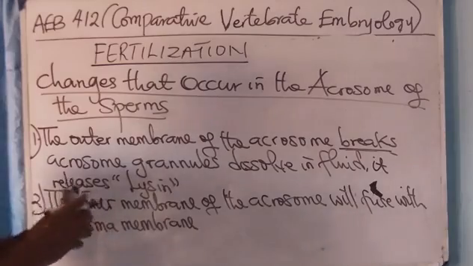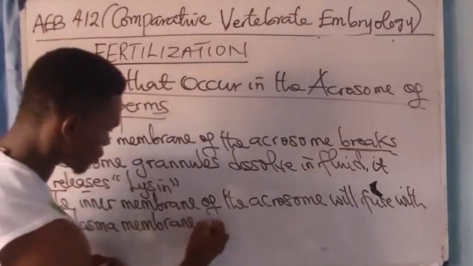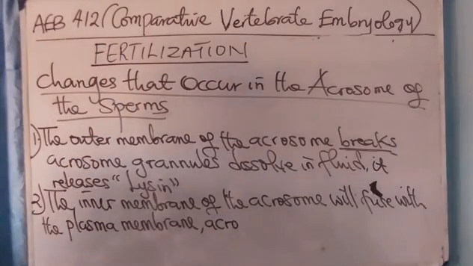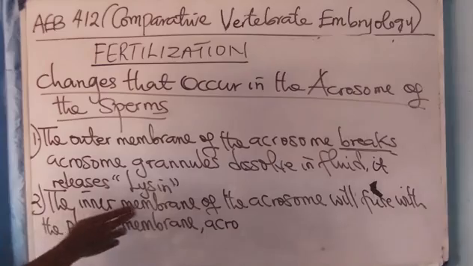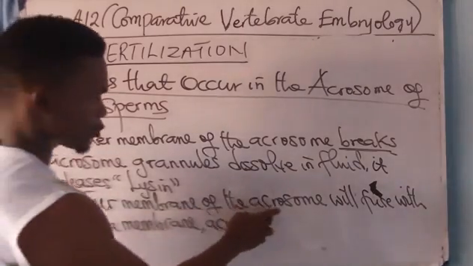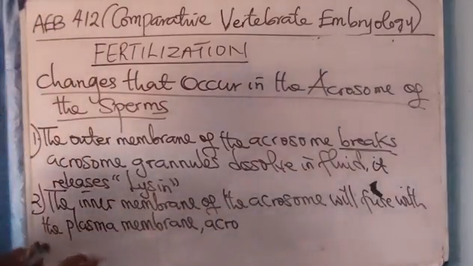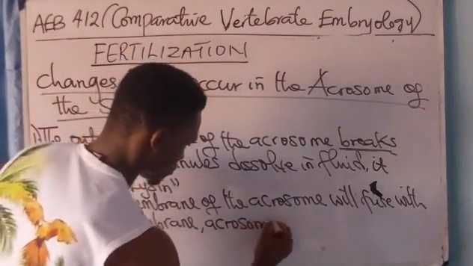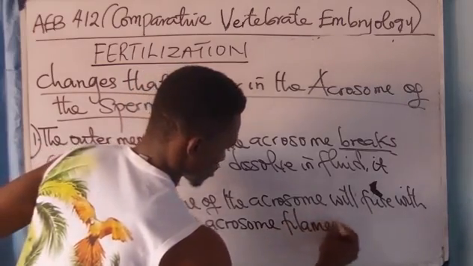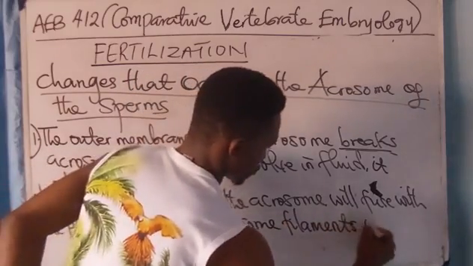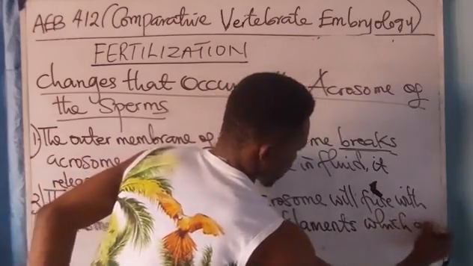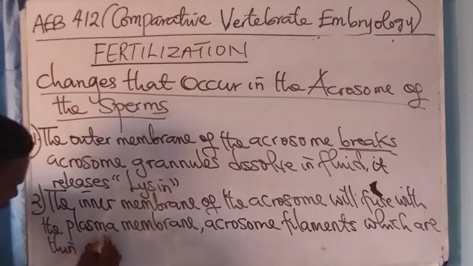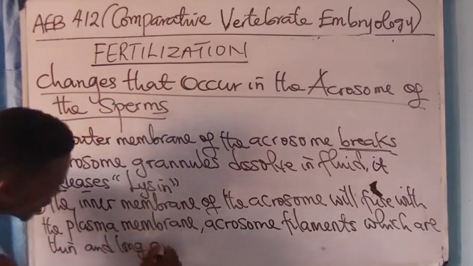As soon as the both of them fuse together, the inner membrane of the acrosome fuses with the plasma membrane, then acrosome filaments, which are thin and long, are released.